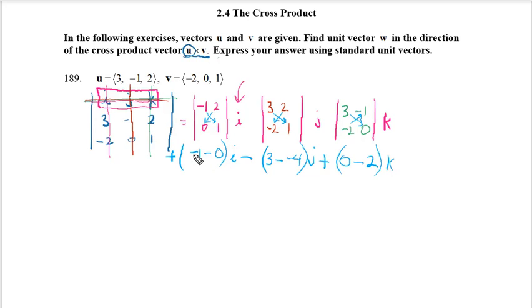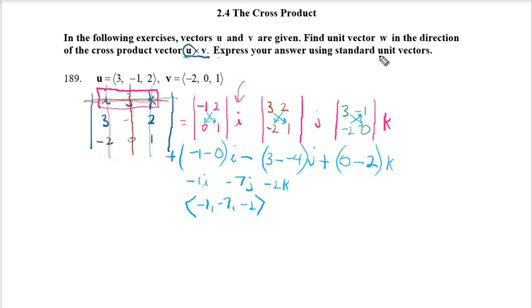So this is a negative 1i. This is 3 plus 4 is 7 with a minus on it. And negative 2k. So that's the expansion. So that's the vector, if we write it in component form, negative 1, negative 7, negative 2.